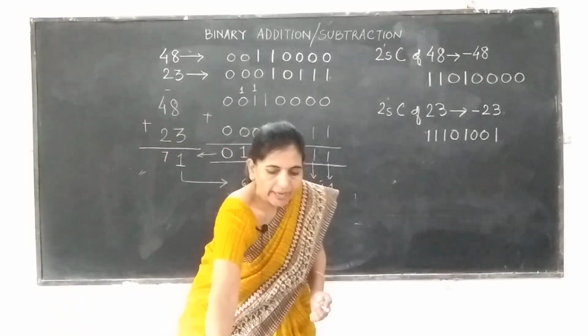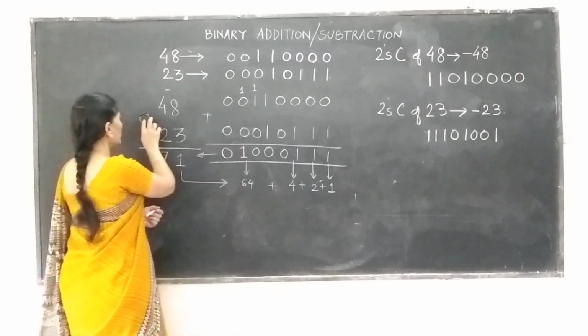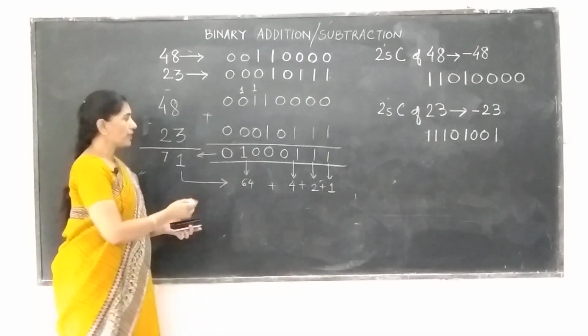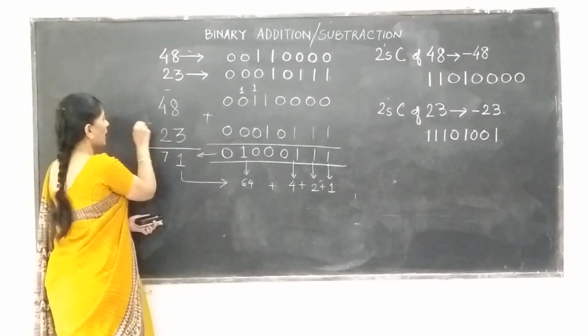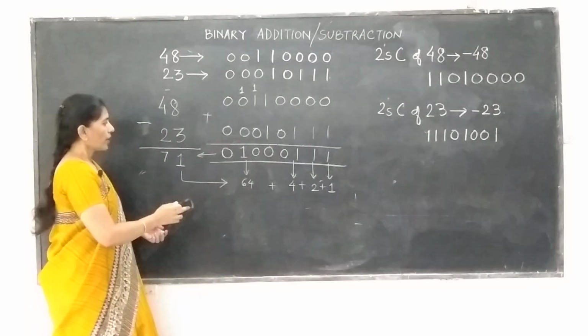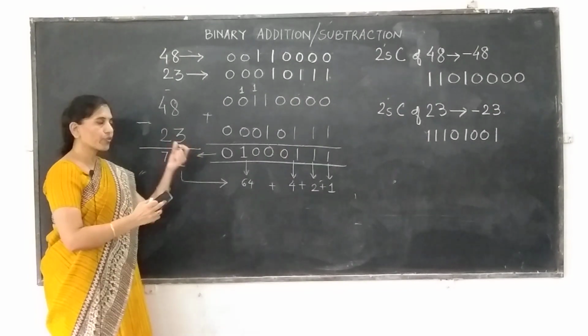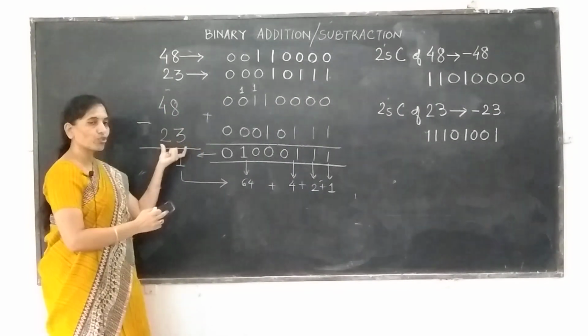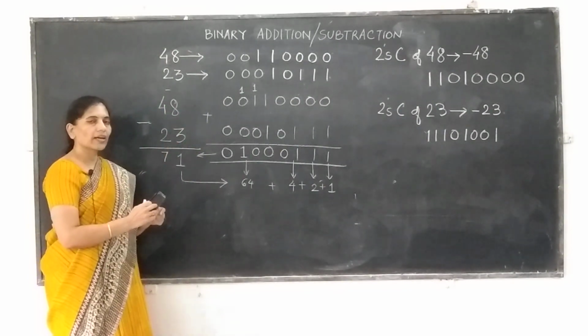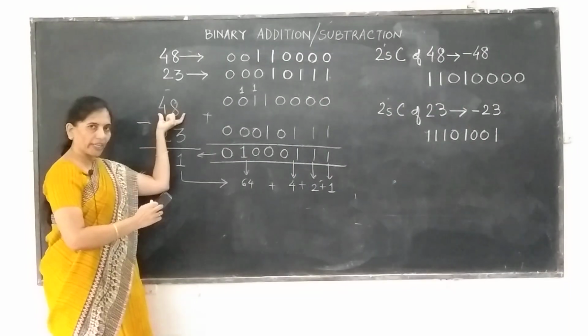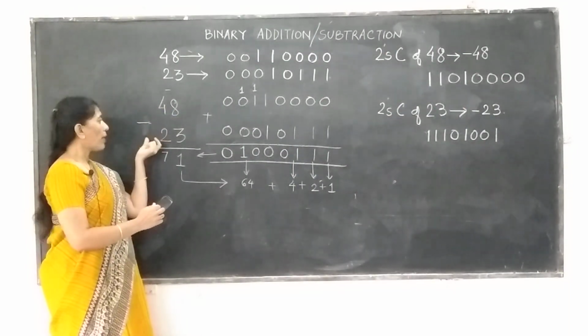Now let us look at another addition, which is 48 minus 23. Now why I said addition? Because we are going to treat this 48 minus 23 as an addition of 48 with minus 23.